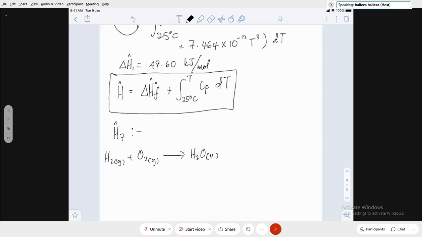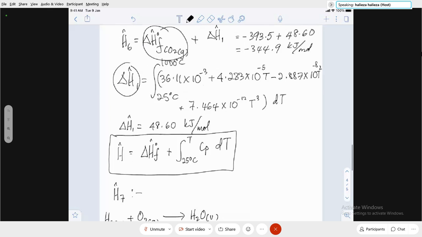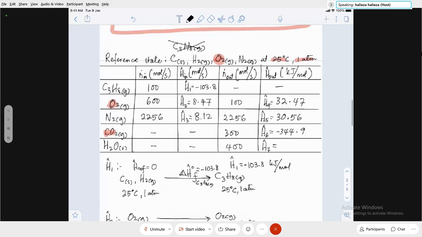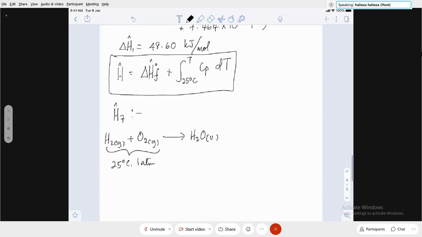Right now, these two compounds should be at 25 degrees C, 1 atm. That is your reference state, oxygen and hydrogen, in order to form your water. So now what you have to do is form your water from the elements hydrogen gas and oxygen gas. Your enthalpy here, because it is at your reference state, is going to be 0.